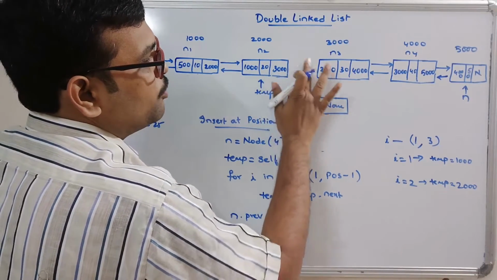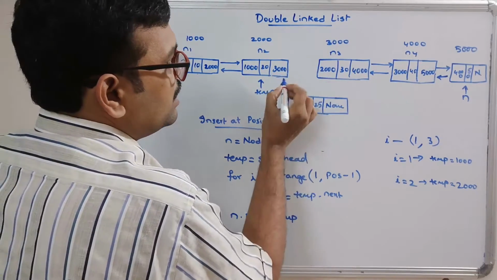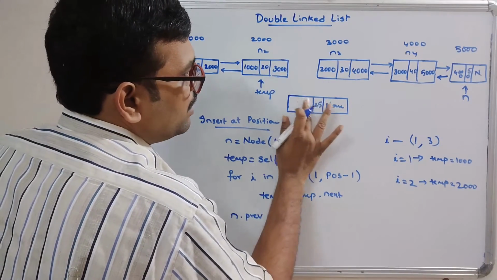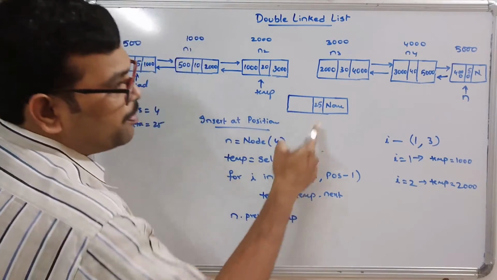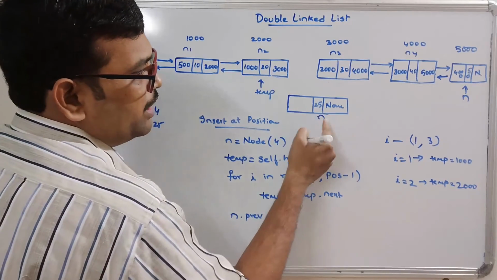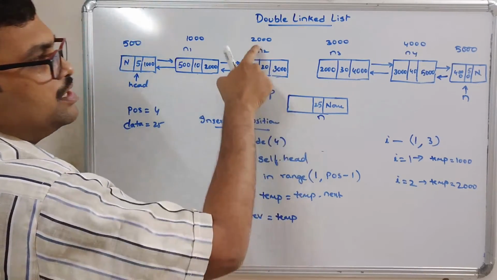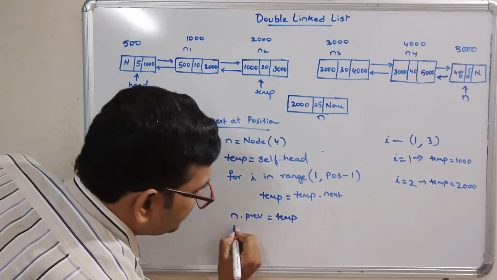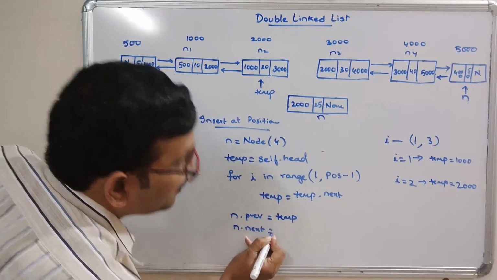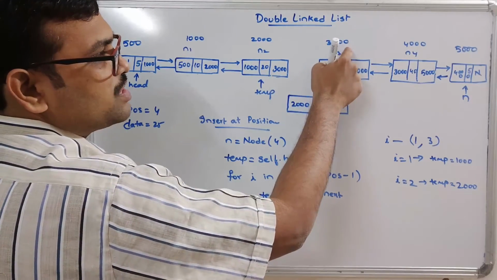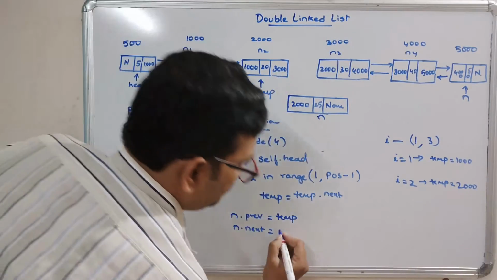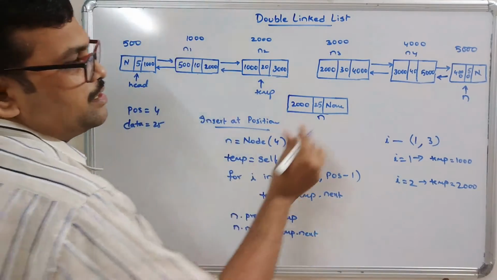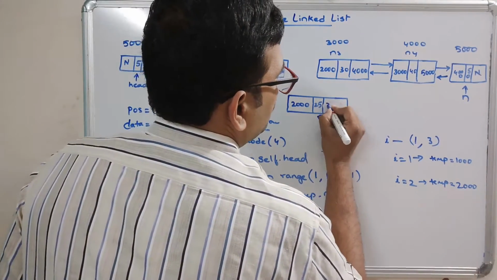So we are just removing this link and inserting the link here. So here n is the new node, and n dot previous must be this one, 2000. Right? What about n dot next? This one, 3000. 3000 means temp dot next. So automatically we'll get 3000.